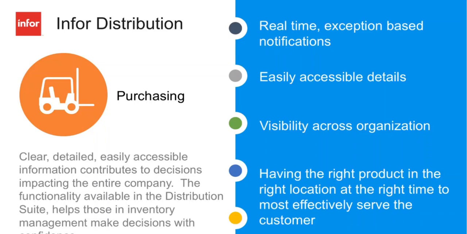They expect easy access to information and detailed information so that they can make effective decisions quickly. We need visibility across the organization, not just within my business unit. And really the goal here is to make sure that we have the right product in the right location at the right time to most effectively serve the customer.